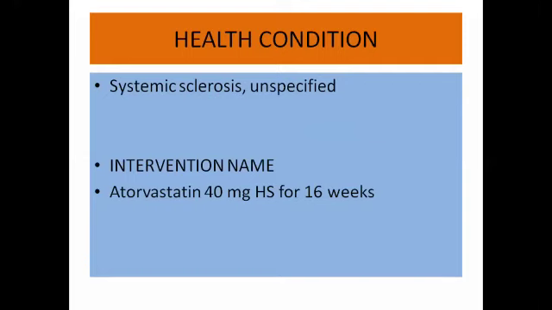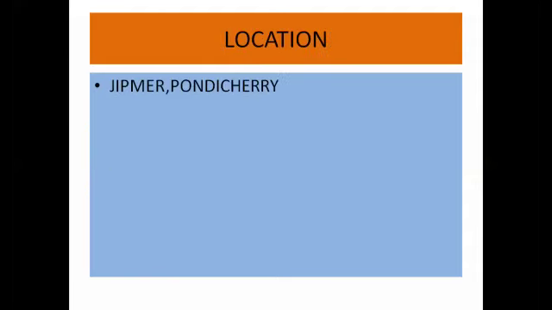The intervention, the drug name, is atorvastatin at 40 mg, and they are giving this drug to patients for 16 weeks. This trial is going on in Pondicherry, at JIPMER.